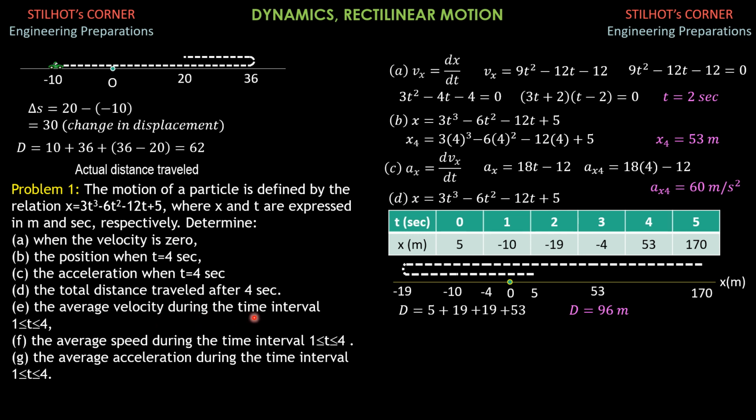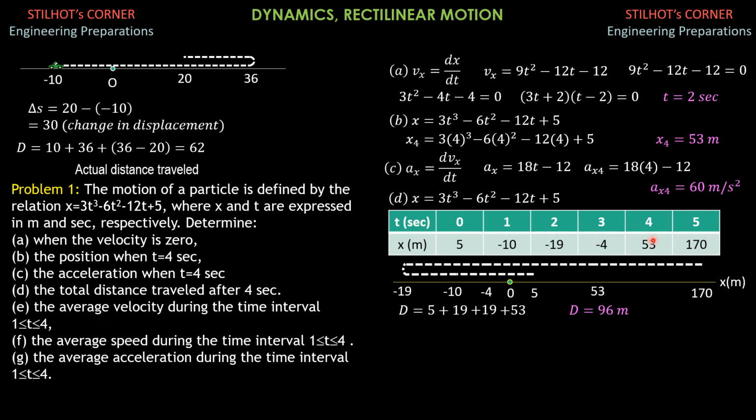Then E, the average velocity during the time interval 1 to 4. So average velocity is change in displacement from 1 to 4 divided by change in time. And change in time is just 4 minus 1. The change in displacement is the position of the particle when t is 4 minus the position when t is 1.